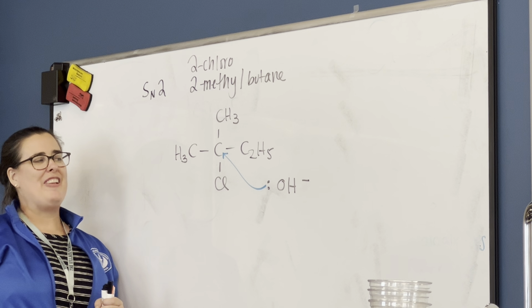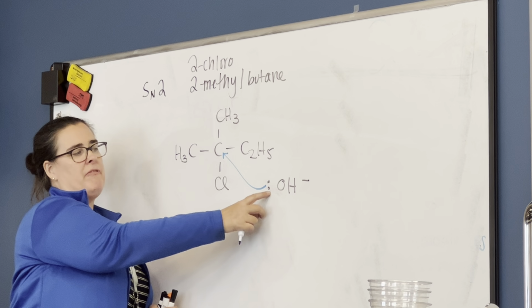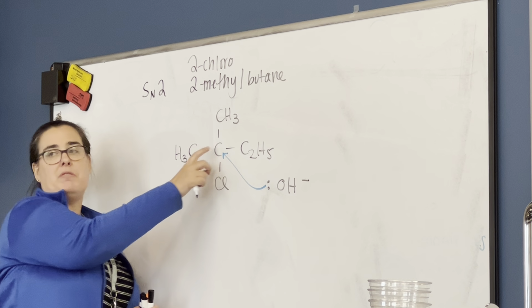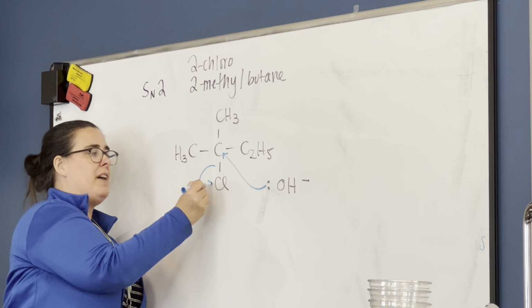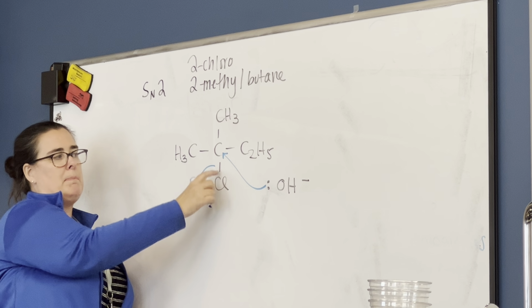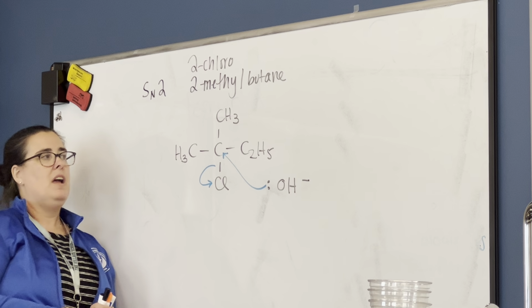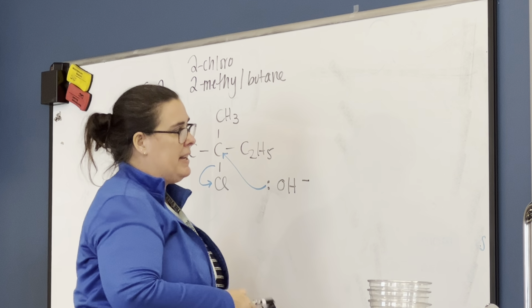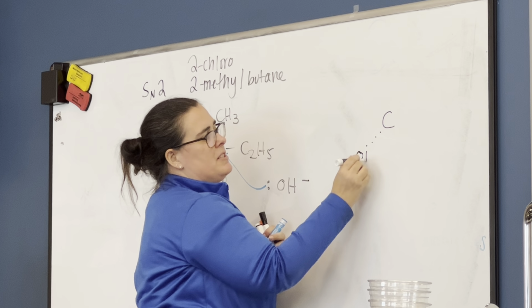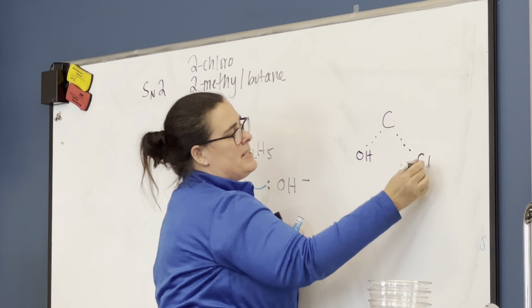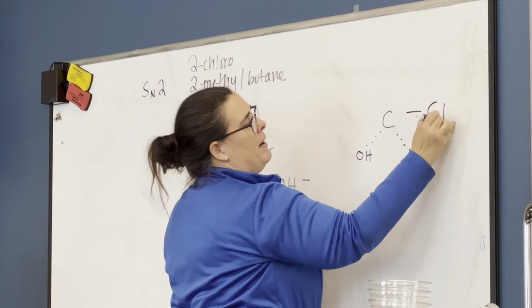Okay, so all of you seem to have an arrow that went from the lone pair on the hydroxide to the carbon, not to a bond, but to the carbon proper. And you had an arrow that went from the carbon-chlorine bond to the chlorine. You then all seem to have an intermediate that showed a partial bond to OH, a partial bond to Cl, and the real bonds.